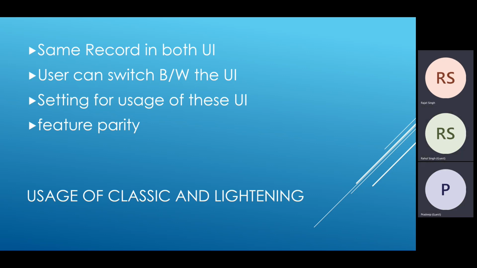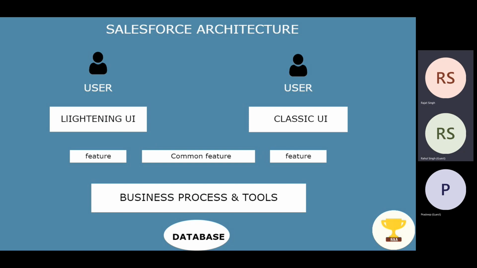We also saw feature parity, which means the common features extracted from the Classic UI that can be used in both Classic and Lightning UI.